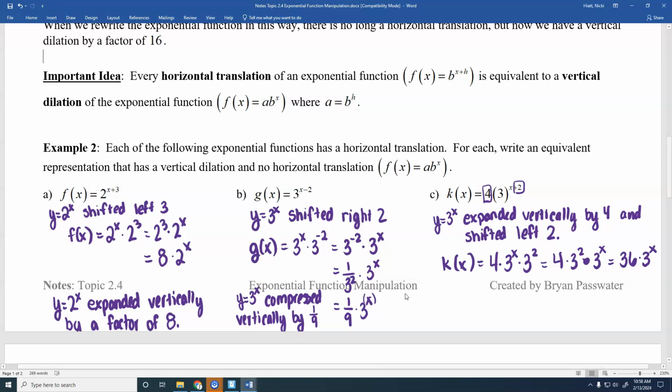Can I multiply that 36 and that 3 together? I cannot, because 3 is being raised to a power, 36 is not, so I can't put those together. So if I write it this way, there's only one transformation, right?